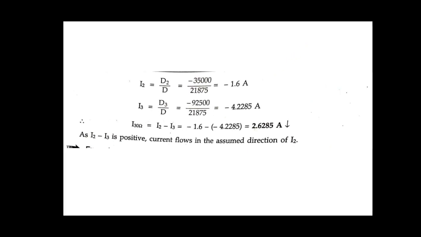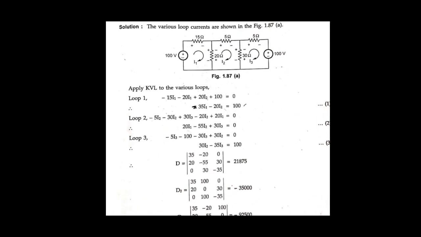So as subdeterminants we got these. These are the steps to calculate the unknowns I2 and I3. I2 is equal to D2 upon D, as we calculated D2 and D. D is 21,875 and D2 is minus 35,000.